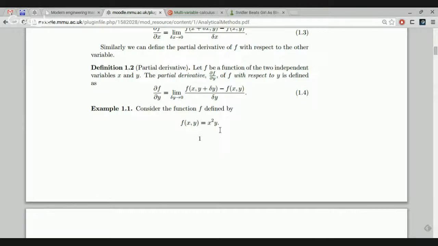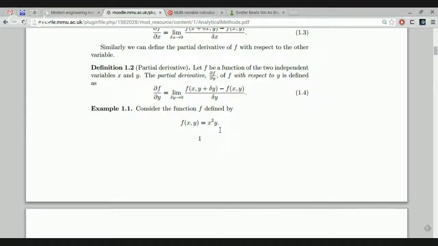Similarly, taking its derivative with respect to y, we now treat the other variable x as if it were a constant. Treat x as some fixed constant. So what you're looking at is just a constant times y. What's the derivative of a constant times y? The derivative of a constant times y is just whatever the constant is, the derivative in the normal one variable sense.